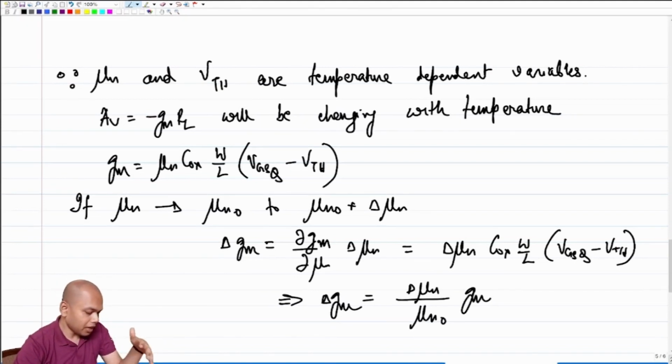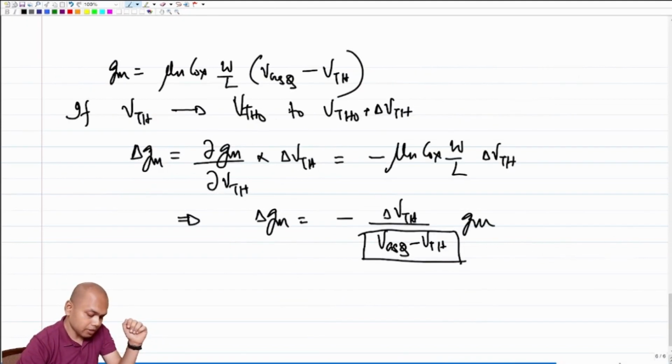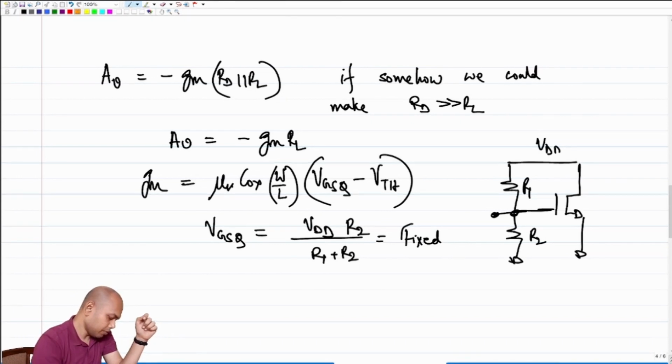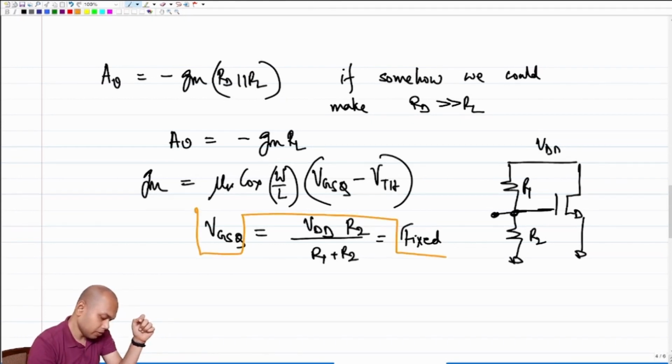So this type of biasing is called voltage biasing. Whatever we did here is called voltage biasing. Why is it called voltage biasing? It's called voltage biasing because we were fixing VGSQ. We were fixing the overdrive.